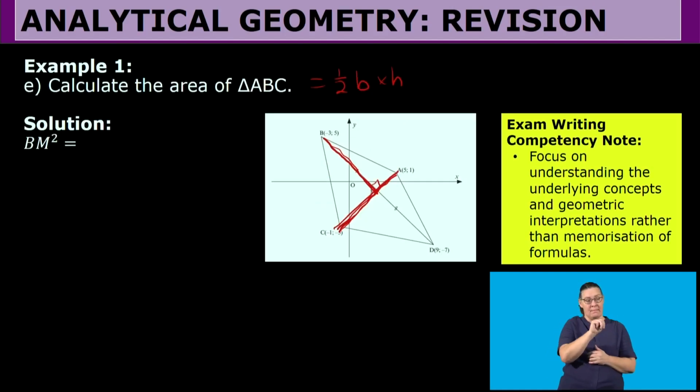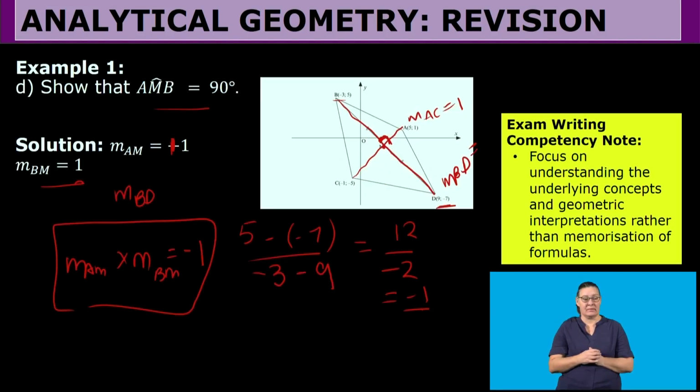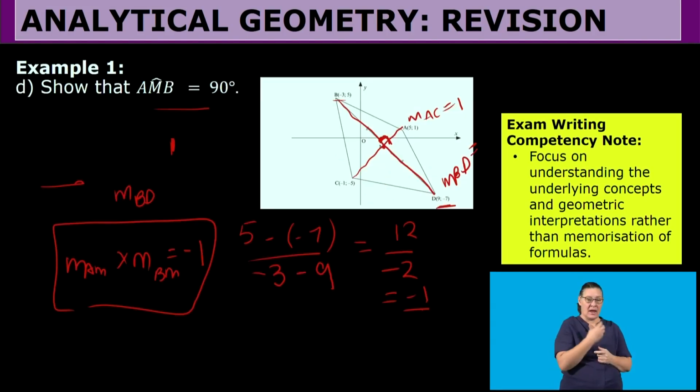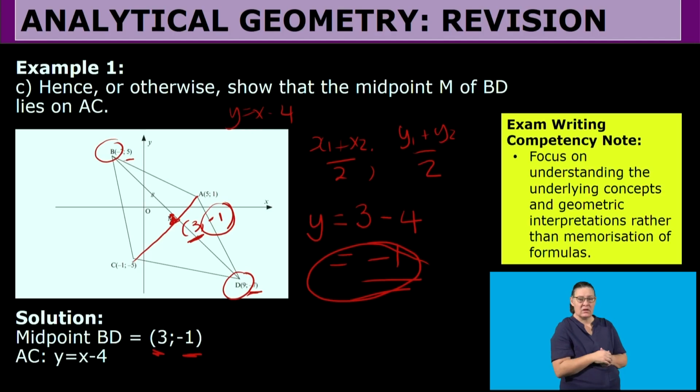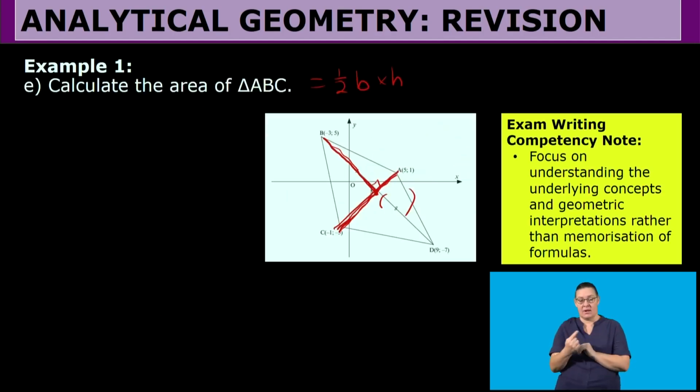So if we're looking for BM, remember we've got the coordinates of M already. So using our distance formula, what was the coordinates of M? Let's just quickly go back and check what we had for M. We had 3 and -1. Right.